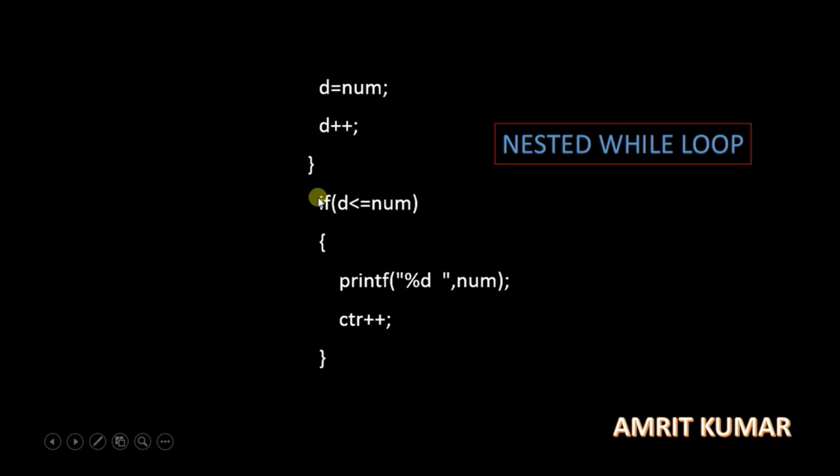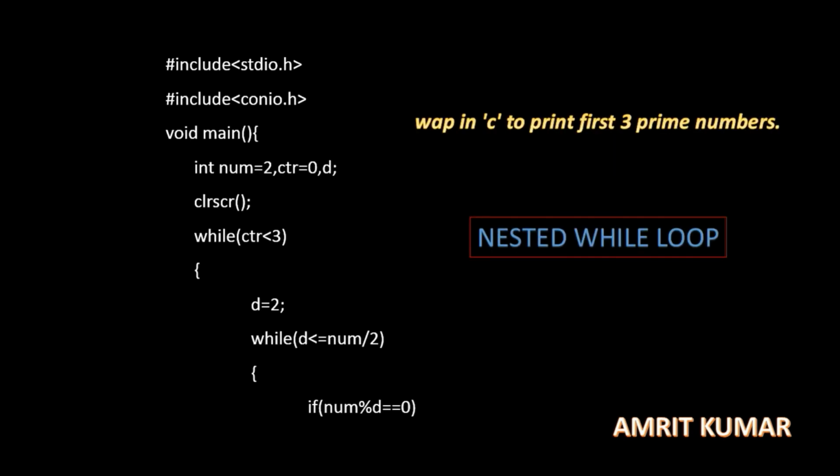And if that condition is not true, the print statement will be executed and it will print the num value. This way it prints the prime numbers, the first three prime numbers.